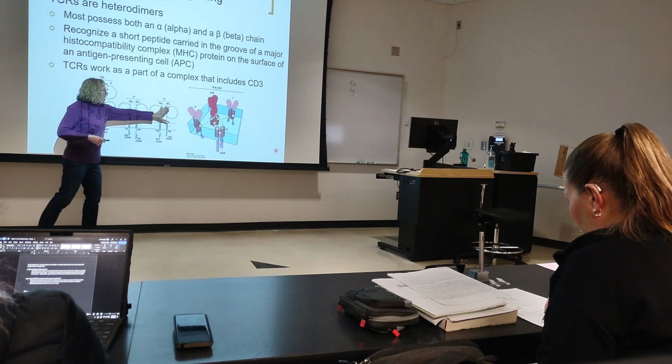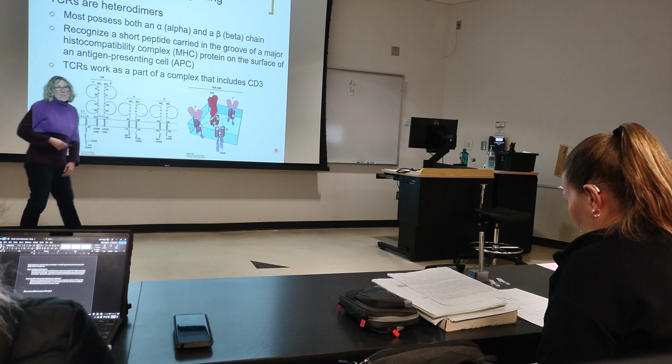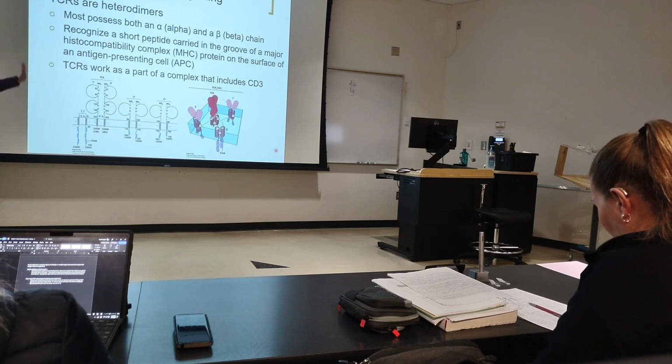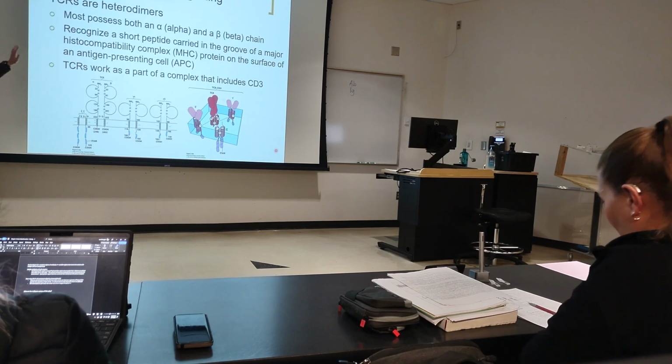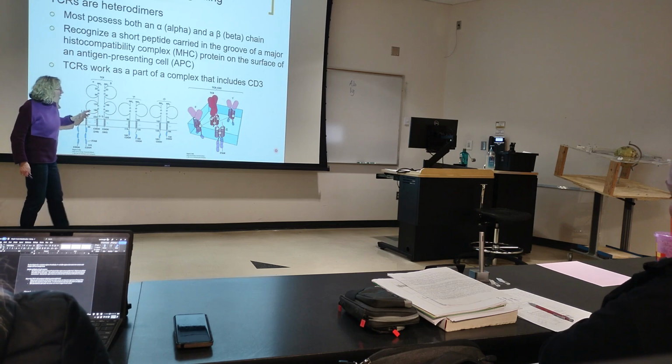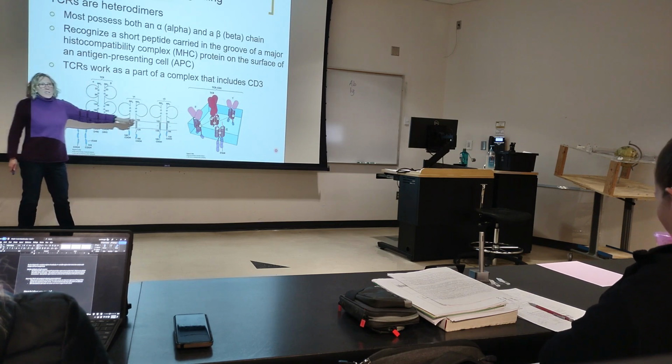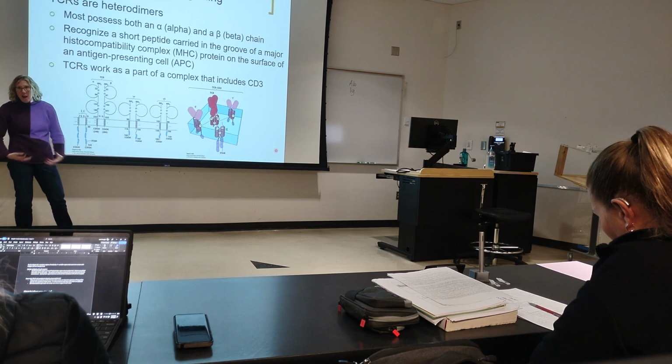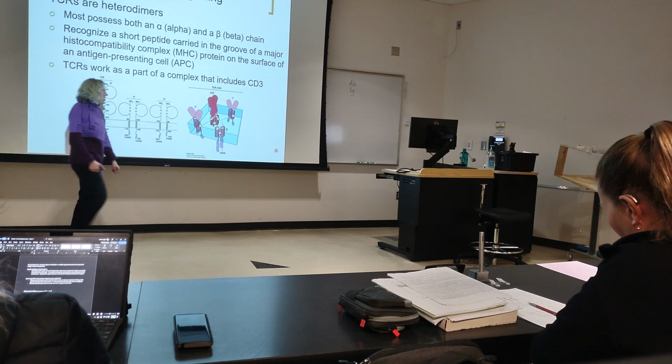These are all accessory molecules. They don't actually bind antigen. They act as the anchor for signal transduction. So they don't bind stuff extracellularly. What happens is, when this gets activated, it changes its conformation, which makes these guys get phosphorylated and act as the anchor for signal transduction.